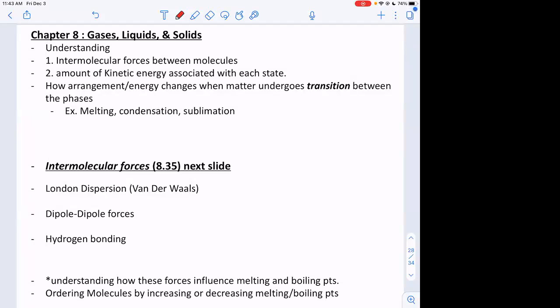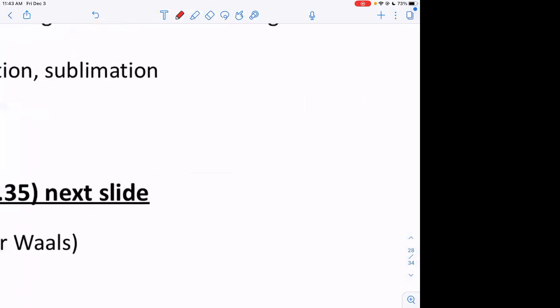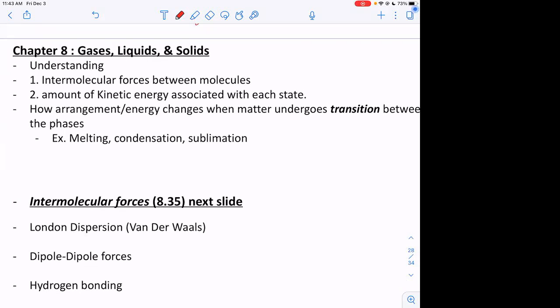So we looked at intermolecular forces and the amount of kinetic energy associated with each state. Gases: do the particles in a gas have high or low intermolecular forces?